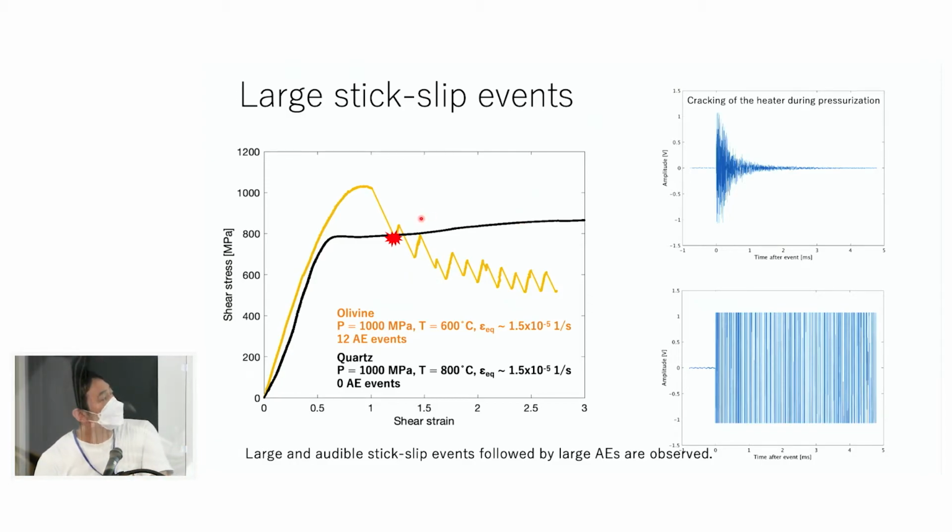But for olivine at 600 degrees C, and also 800 degrees C, we have a big sound, even larger during the experiment. The sample is just 6 millimeters in diameter, but we made a very loud noise like here. We expected acoustic emission of about this size, but what we observed is like this, a very big sound.